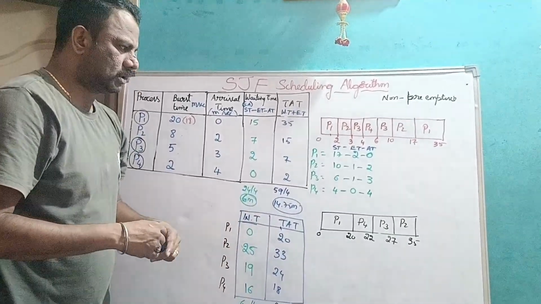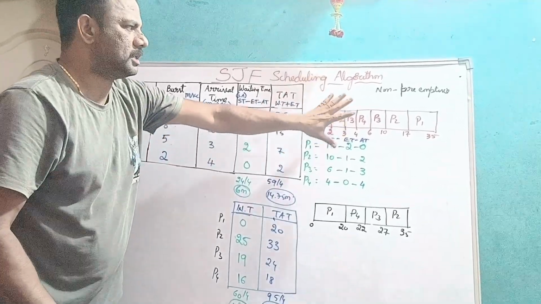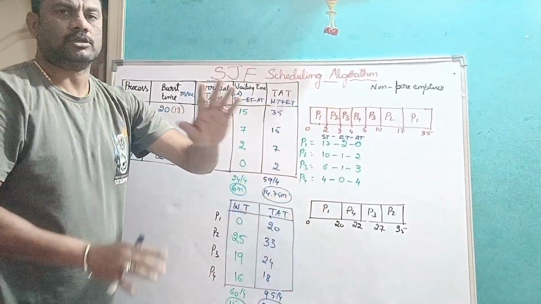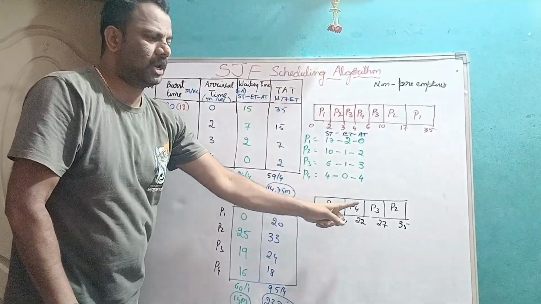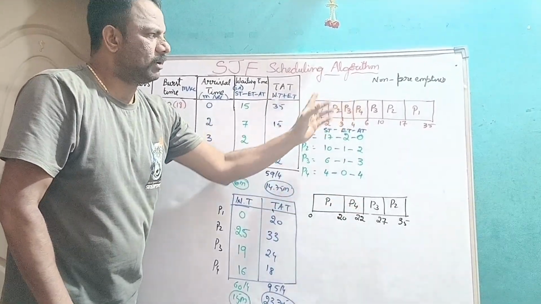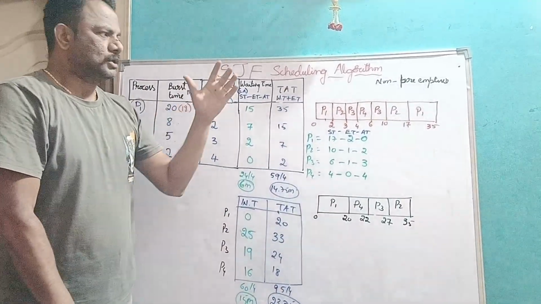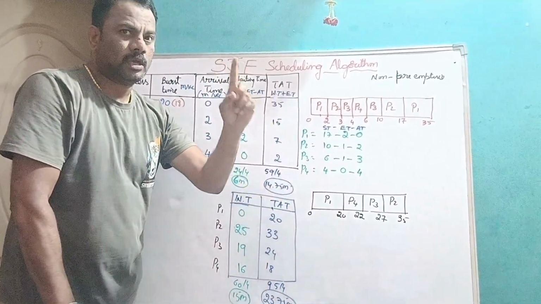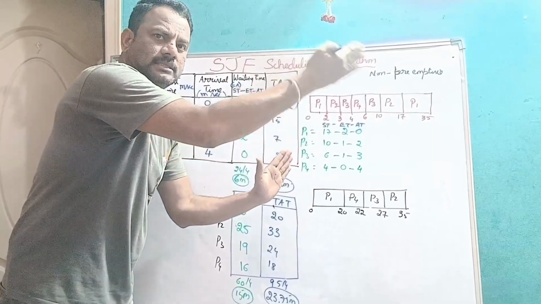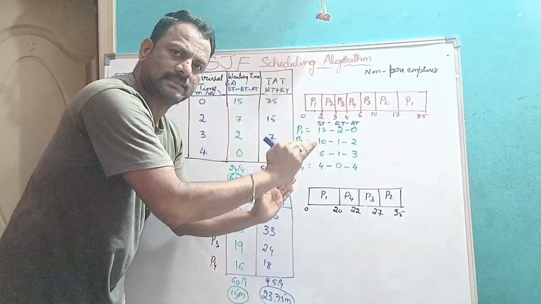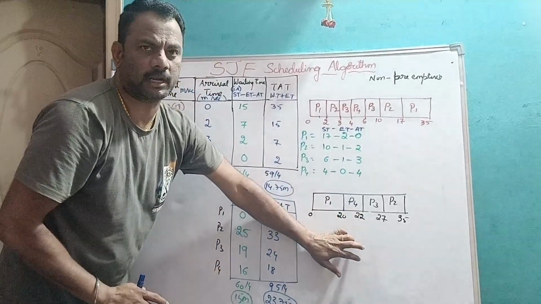Okay. So this is the difference between shortest job first preemptive and non-preemptive. The common thing is, the difference is that in non-preemptive there is only one occurrence. In preemptive, we may get multiple occurrences according to the given data. In non-preemptive, once we have started, even though after some time the next process arrives requesting less time, we should not stop, we should continue.